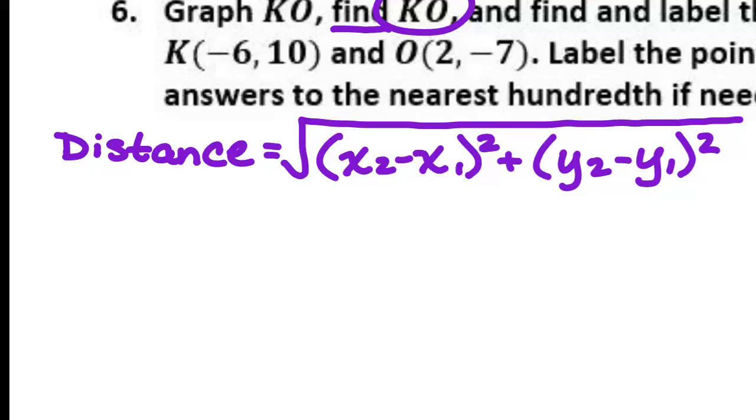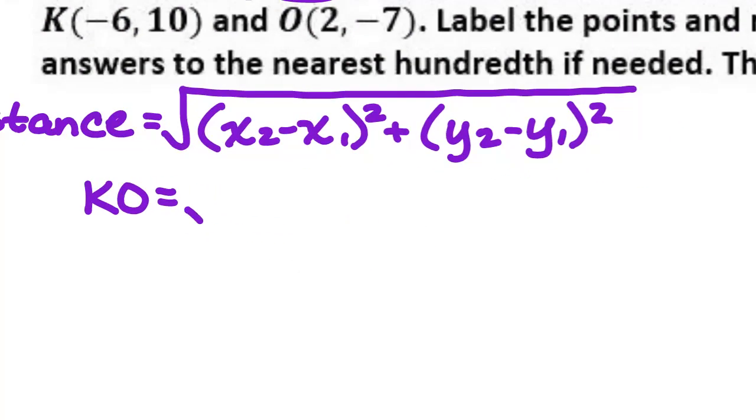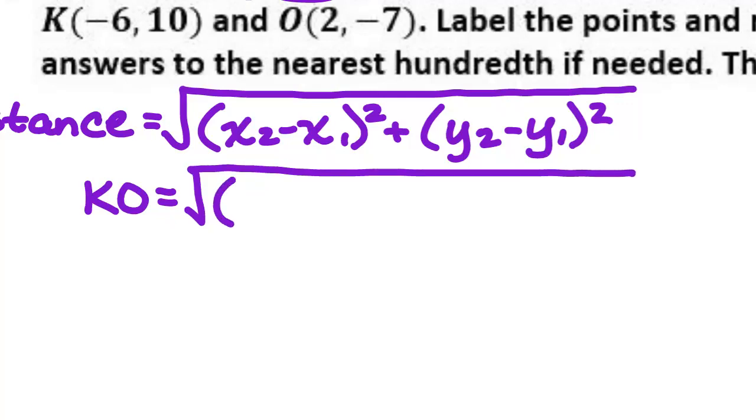All right, let's substitute in now. We're going to find the distance from K to O. So KO equals big long square root here. Inside the first set of parentheses, I do x2 minus x1. What is my x2? 2, yes.